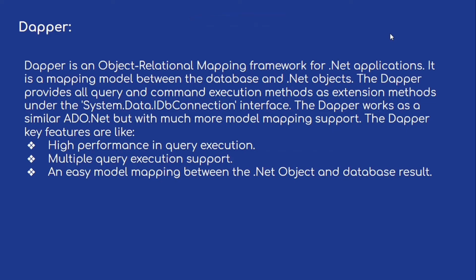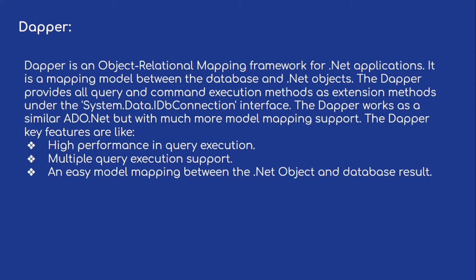So what is Dapper? Dapper is an object relational mapper for .NET applications. Okay, it is a mapping model between the database results and the .NET objects. Okay, so Dapper provides all query and command execution methods as extension methods under the System.Data.IDbConnection interface. So Dapper works like ADO.NET with much more model mapper support.